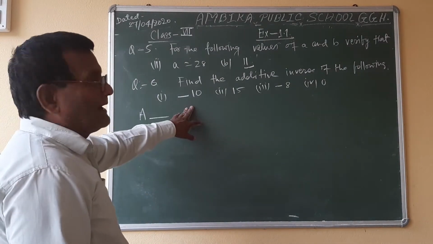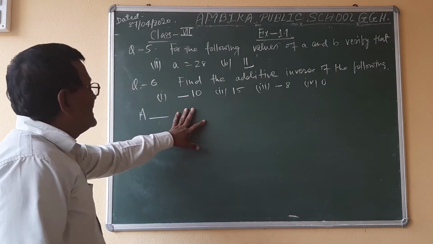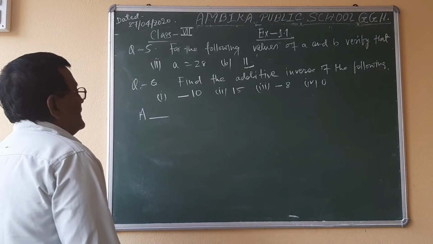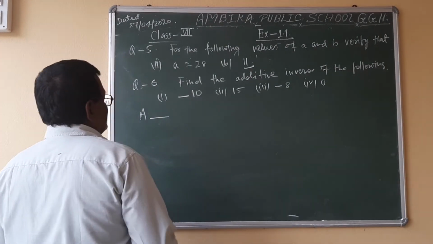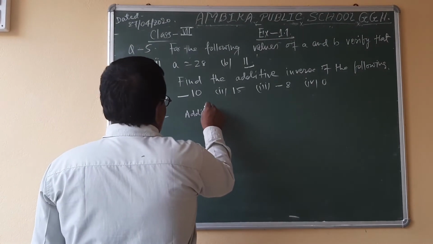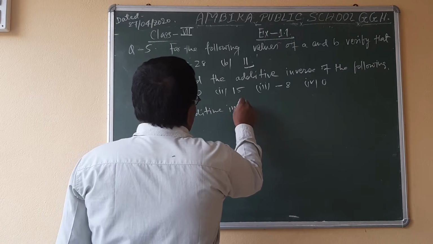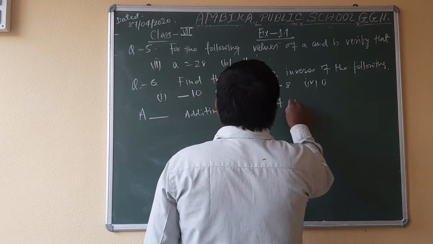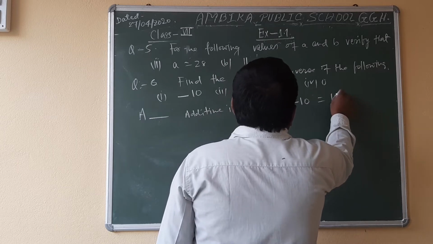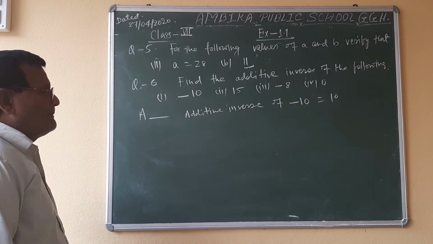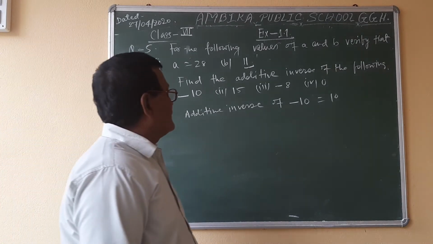Additive inverse of minus 10. We know that the additive inverse of a number is the opposite sign of the given integer. So the additive inverse of minus 10 is equal to 10, because adding 10 plus minus 10 is equal to 0.